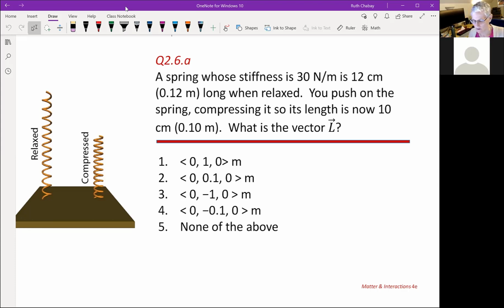Yes, you're exactly right. So let's draw it on this figure. We want the compressed spring, so the fixed end is attached to the floor here, and the moving end is the free end. So that's going to be the vector L.